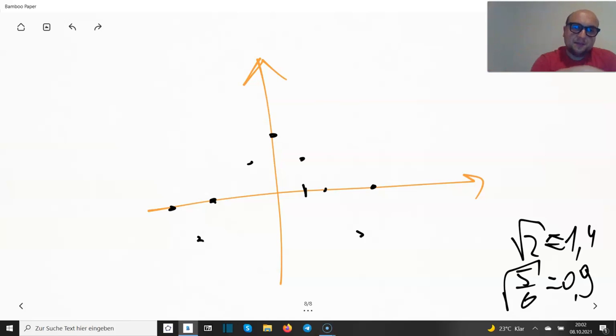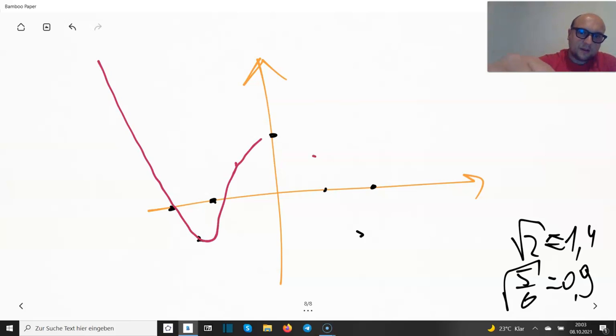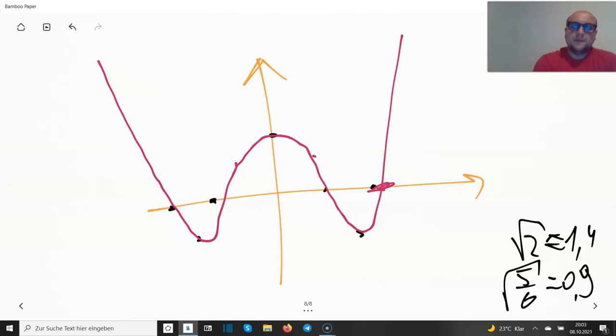Well, I'm not precise, but I'm just expecting them to be somewhere there. Let's see again. Alright, so I think it should be more here, somewhere. Well, if you have a ruler at home, do it precisely. I'm doing my best. Sorry, I missed them. But this is the idea. Alright, you got it?